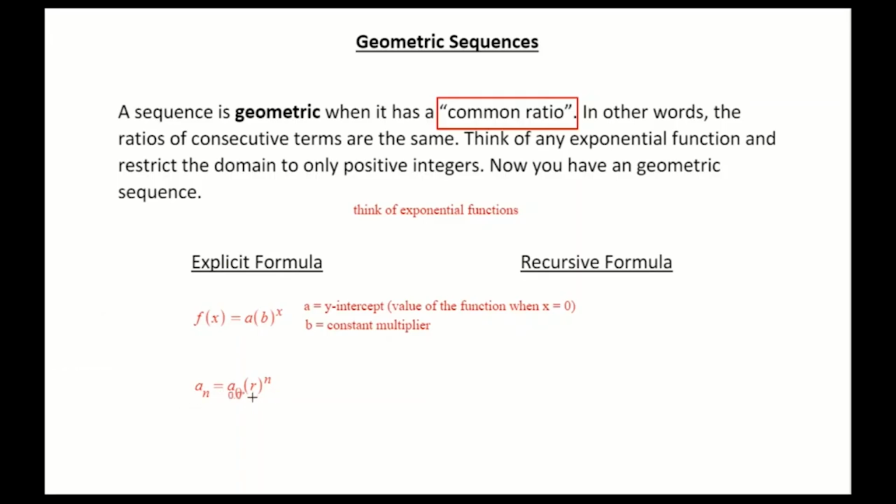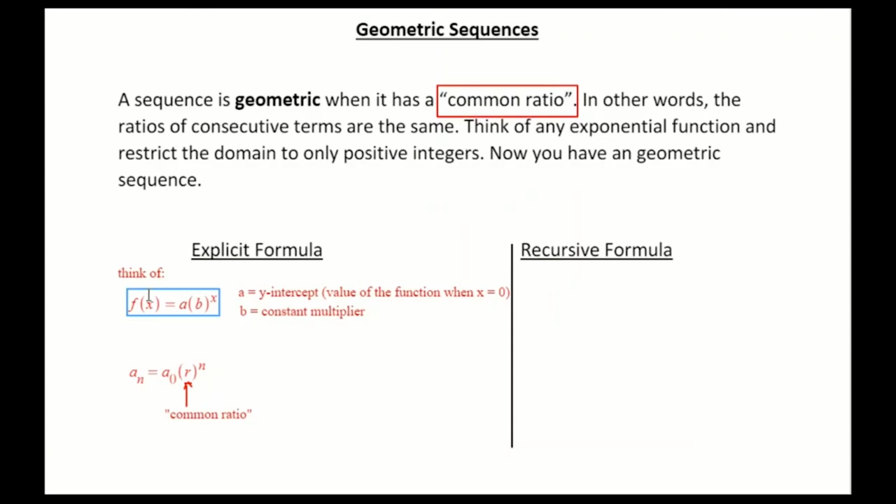So this right here is what I mean by the common ratio. It's that number that you're multiplying over and over again. Okay, I just wanted to take a moment to clean that up like we did the last one. So this is our formula. This is our explicit formula.